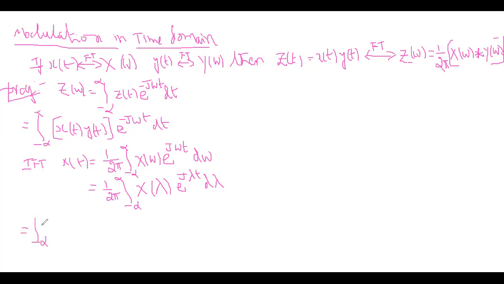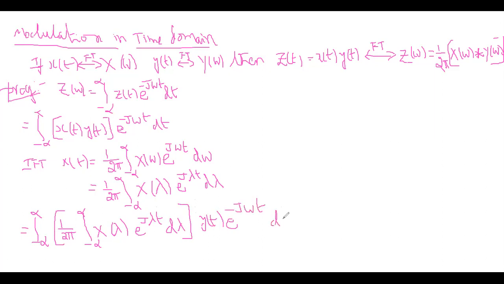integral from minus infinity to infinity. What is x of t? 1 by 2 pi integral from minus infinity to infinity of x of lambda e power j lambda t d lambda is the total equation for x of t, and the remaining is y of t there, y of t e power minus j omega t dt.